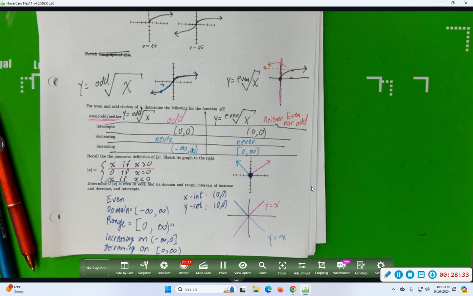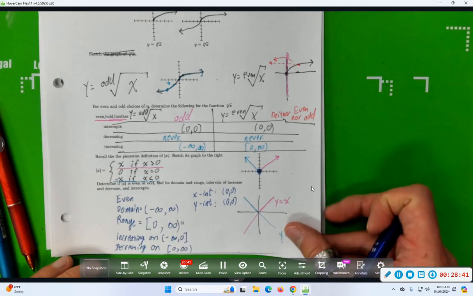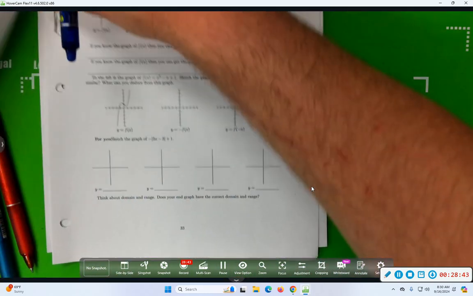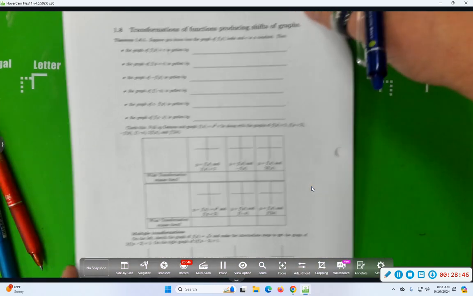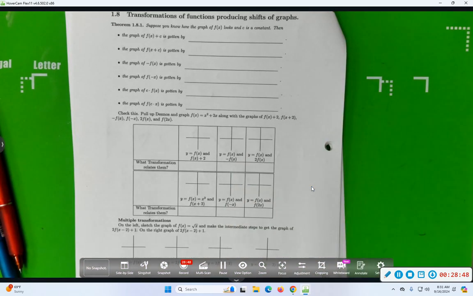Neato, cool. So we have this pile of elementary functions that we can now internalize, and you know what those graphs look like. What I'd like to start doing now is use them to graph new functions.